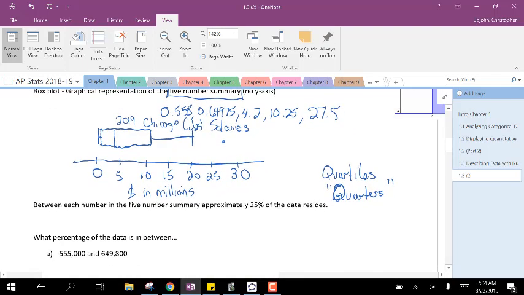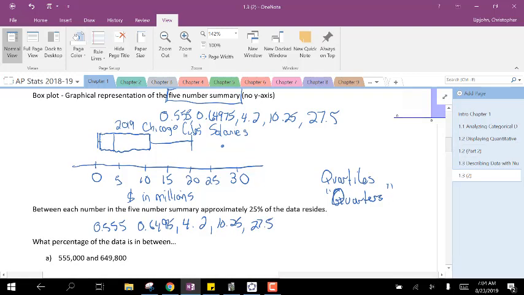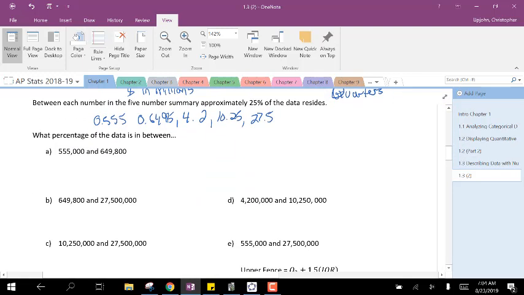So looking at this, I'm going to rewrite these numbers so I can see them for the problem below. 4.2, 10.25, and so how much data is between 55 and 64,900? And so we kind of rounded there. It's just between these first two, so it's only 25%.